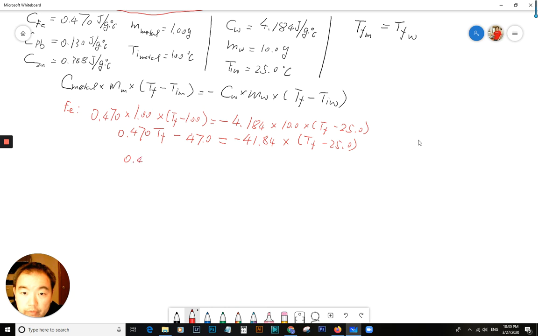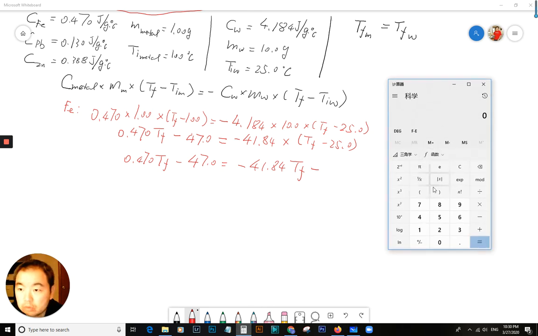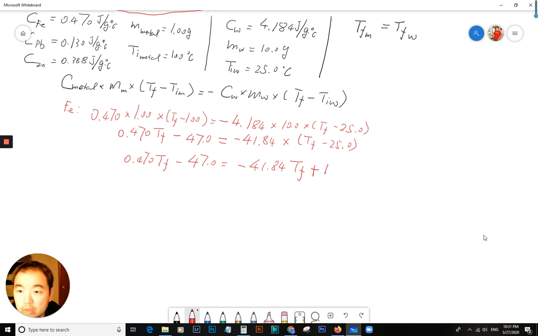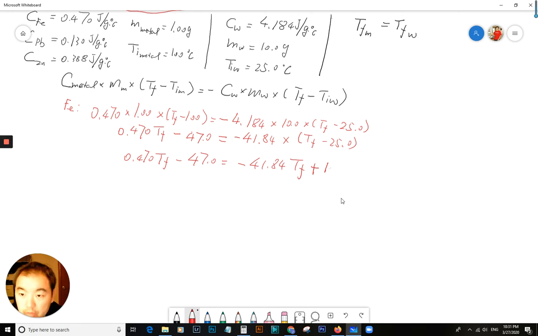So here is 0.470 T final minus 47.0, and here is minus 41.84 T final, and minus, we can calculate, so this is 41.84 times 25.0, and here this is positive 1046.